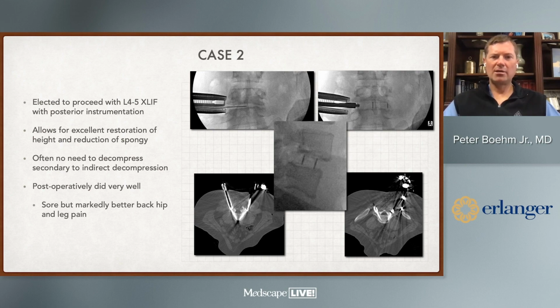A K-wire is put into the disc space, and ultimately, in the top right image, after cleaning out the disc space, a nice sized graft can be placed from the lateral approach, much larger than we can place from a transforaminal approach. And as you can see in that middle image there, it allowed for a significant restoration of height, as well as a near complete reduction of the spondylolisthesis.